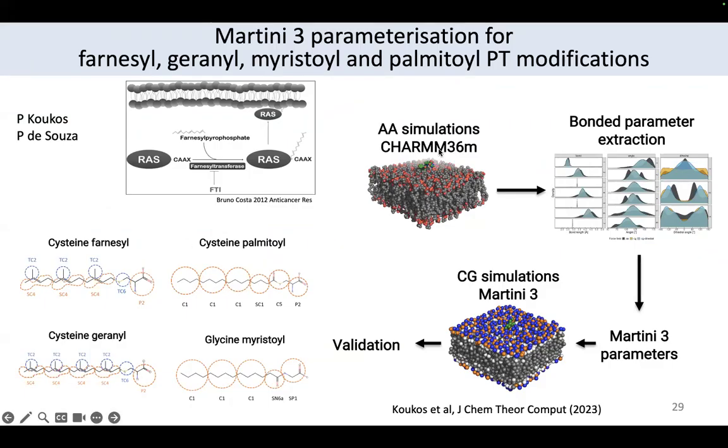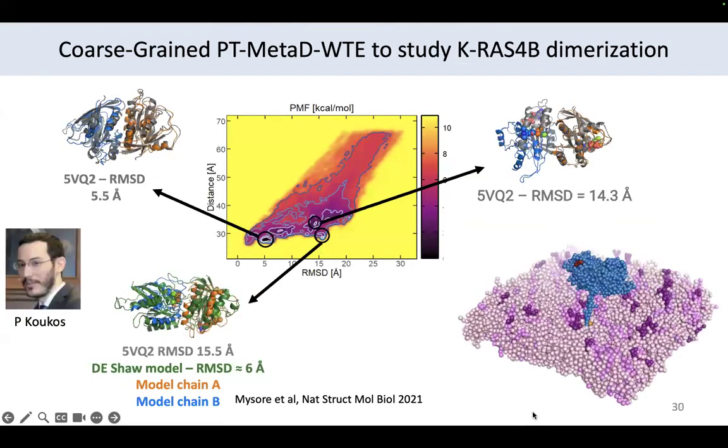They created simulations with the atomistic force field CHARMM36. Then they created the Martini 3 parameters through these simulations, and they could generate coarse-grained simulations with Martini 3, which they then validated, and the results are in this paper.